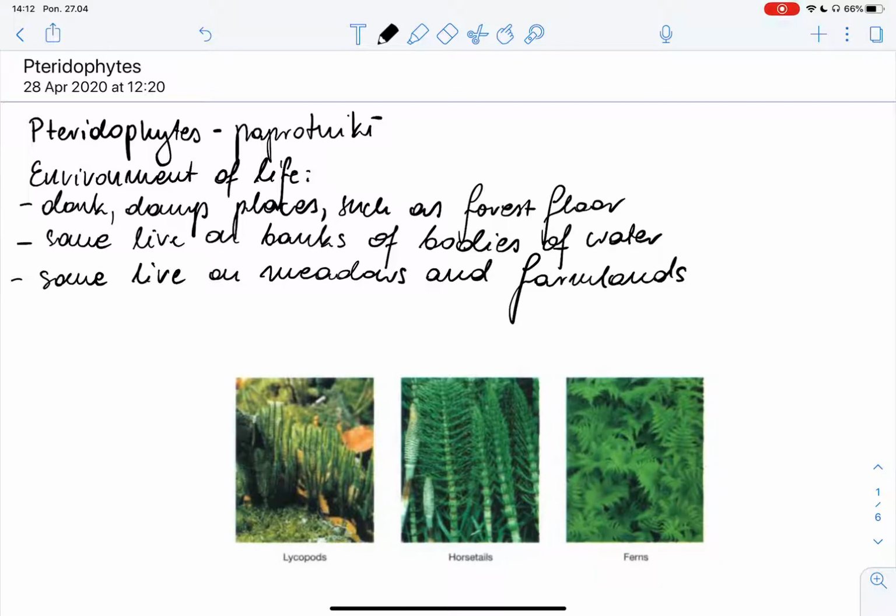And guys, pteridophytes, they create roots, stems, and leaves. They are better adapted to living on land compared to mosses, and there are three types of pteridophytes.